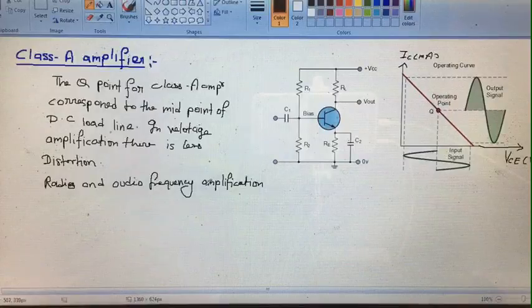The amplification of an AC input signal by a class A amplifier is shown in this figure. So there is less variation between input and output.